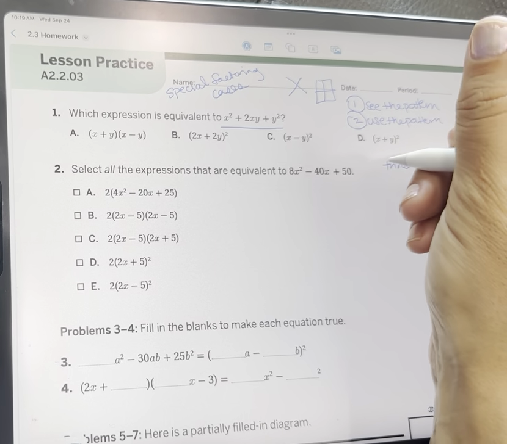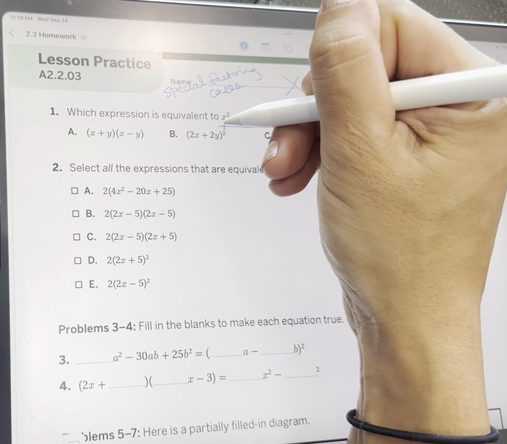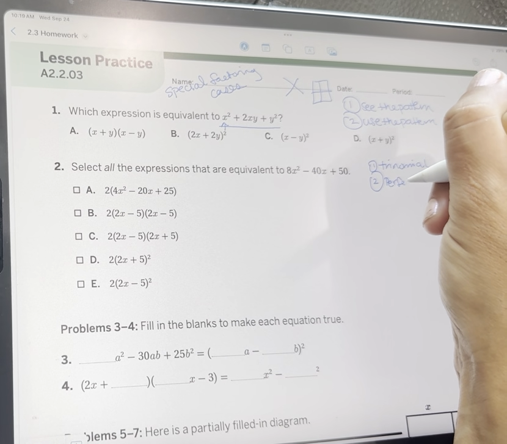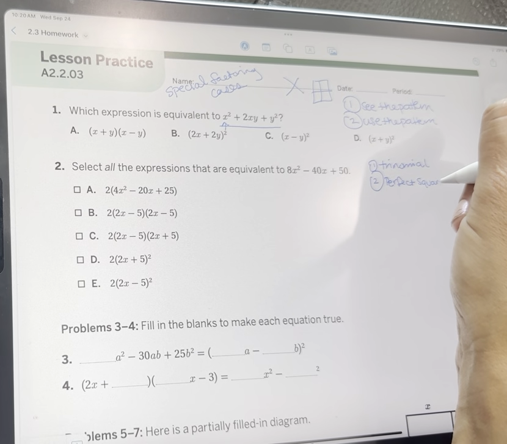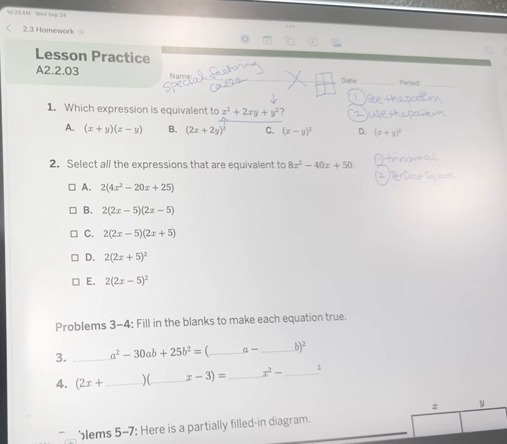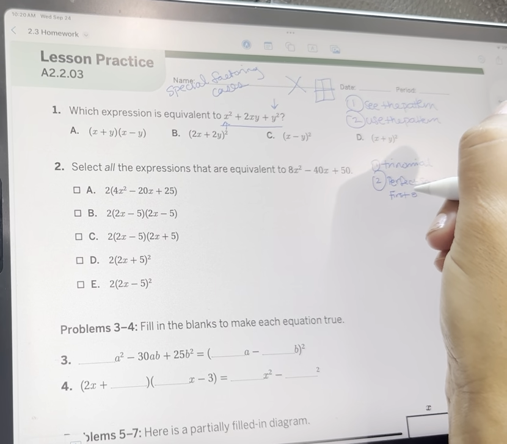The second thing I notice is that I have a perfect square in the first position. And then I notice that I also have a perfect square in the last position. So perfect square, first and last.